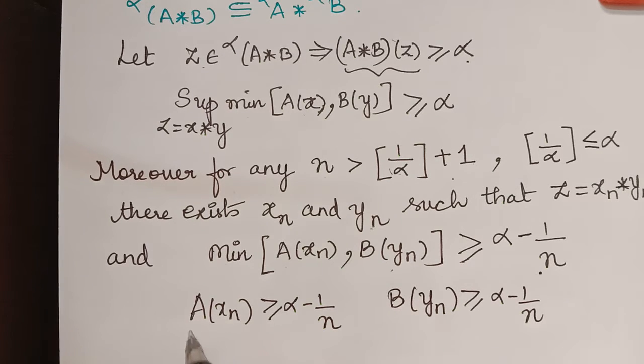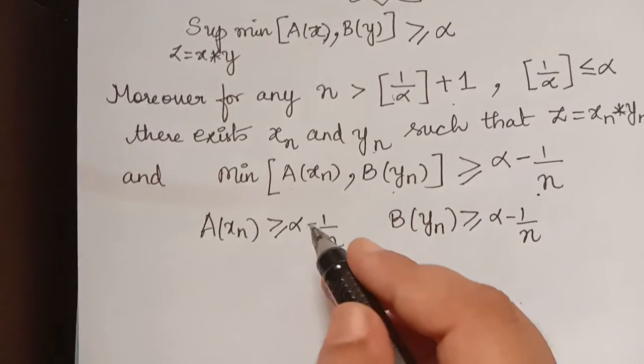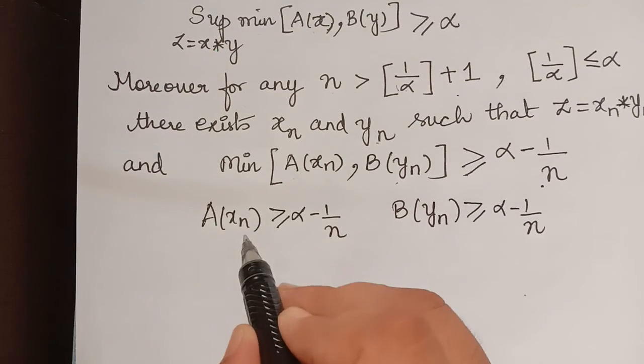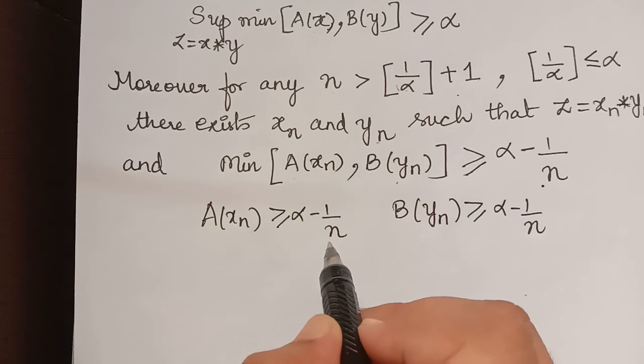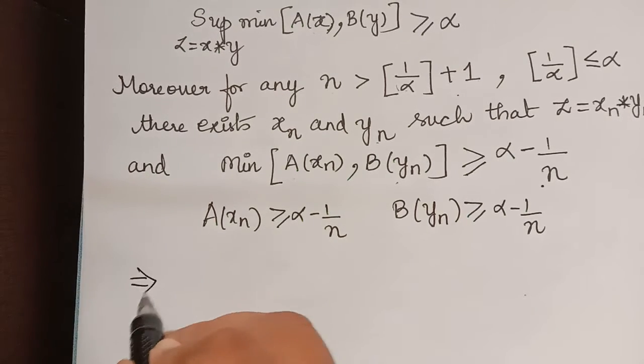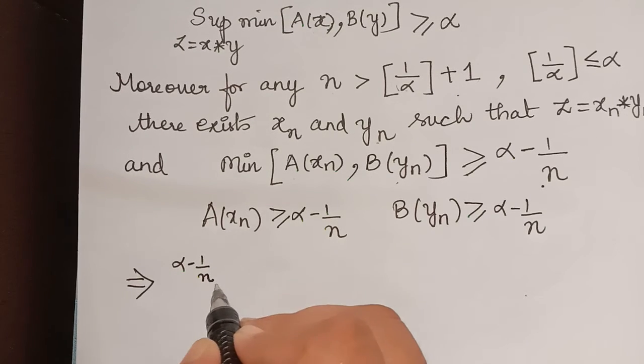Okay, now we have A of xn greater than or equal to alpha minus 1 by n. That is, the membership grade of xn with respect to the fuzzy set A is greater than or equal to alpha minus 1 by n. So what does this imply? Alpha minus 1 by n cut of A.